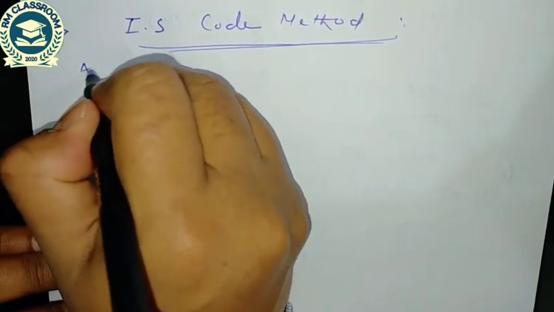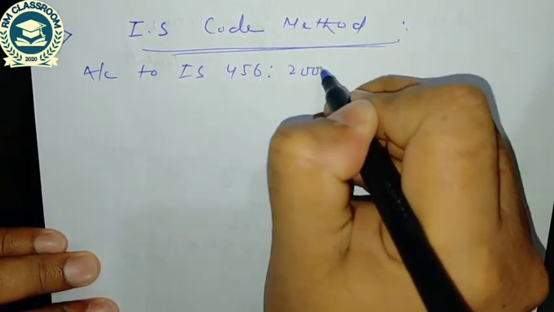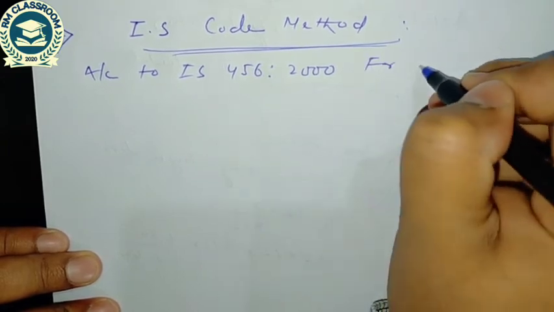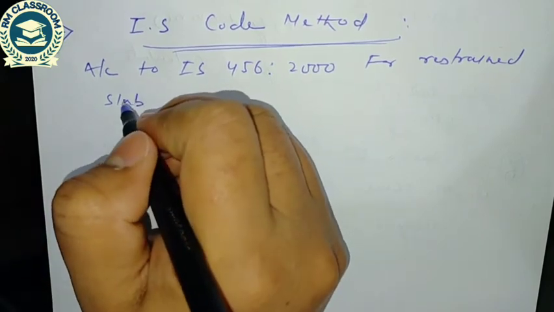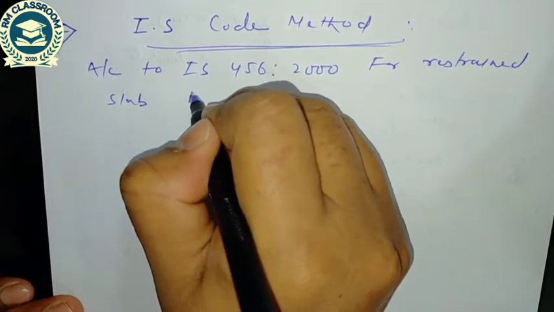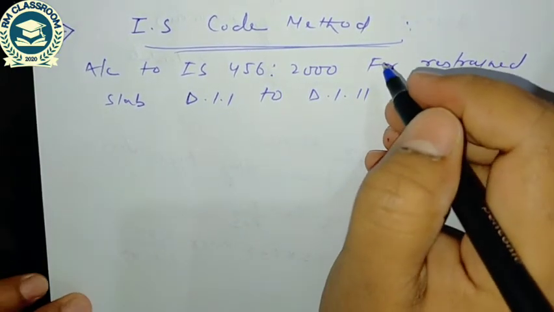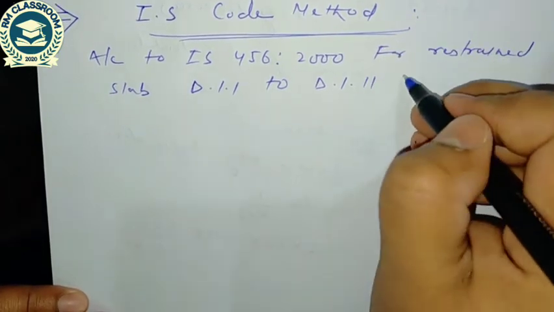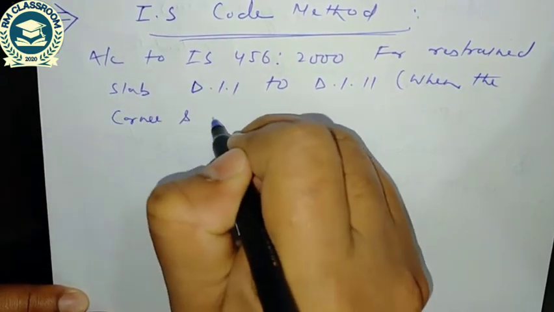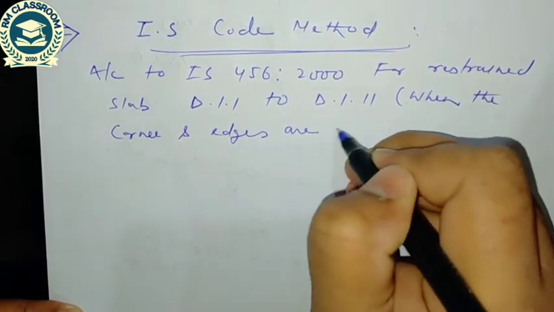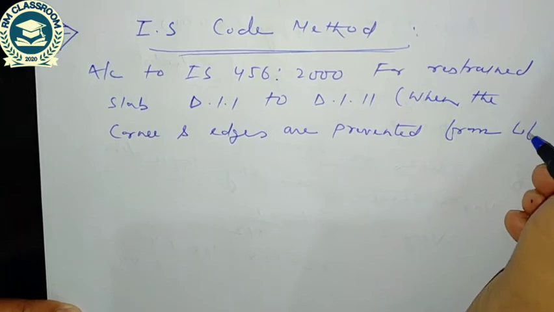According to IS 456-2000, for restrained slab, the code suggests in clause D1.1 to D1.1.11 when the corners and edges are prevented from lifting.